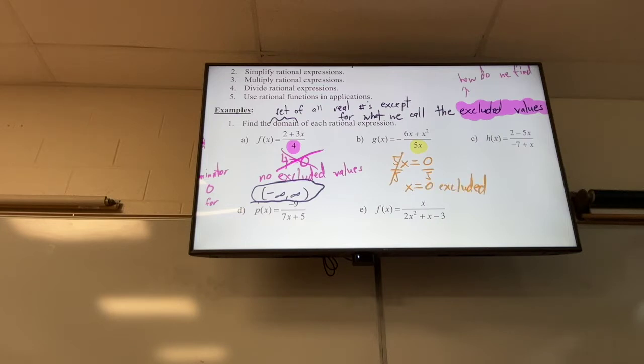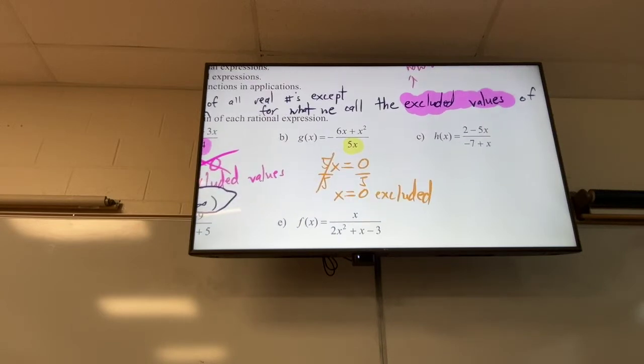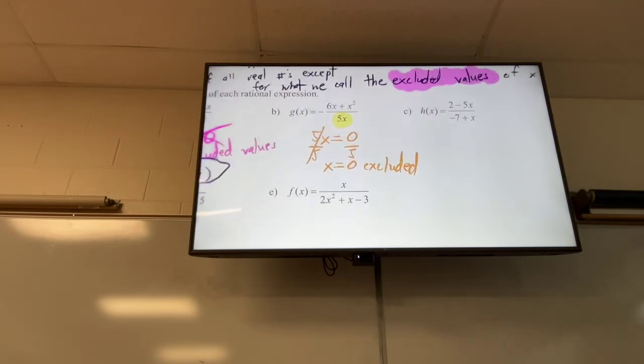So then what's my domain going to be? Exactly, it's going to be all real numbers except for 0. And Tom just hit the nail on the head. In interval notation, we write that as negative infinity, comma 0, with parentheses, union 0, comma infinity. So that's our answer for the domain.